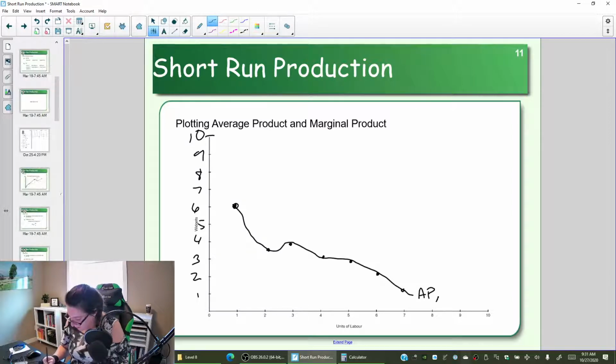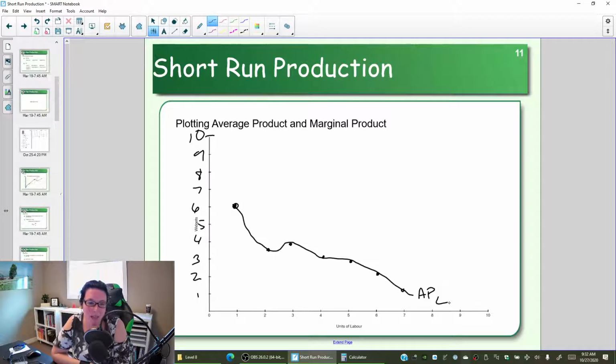So here we have our average product of labor. In the production that this group of students did, what happens is you hire that first worker. They were producing a lot of units per worker because there was just one of them making 6.